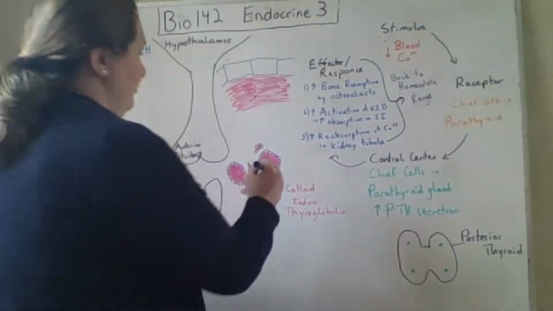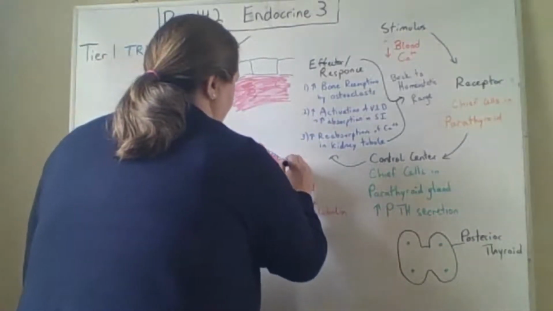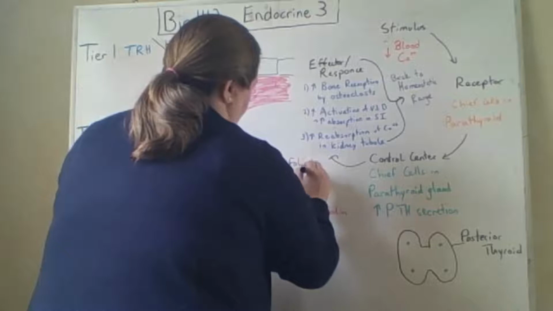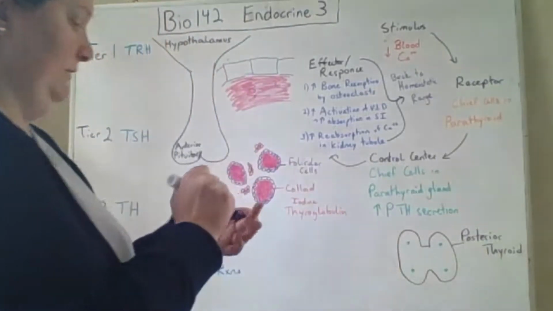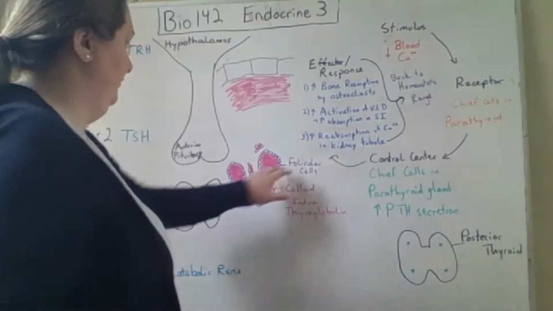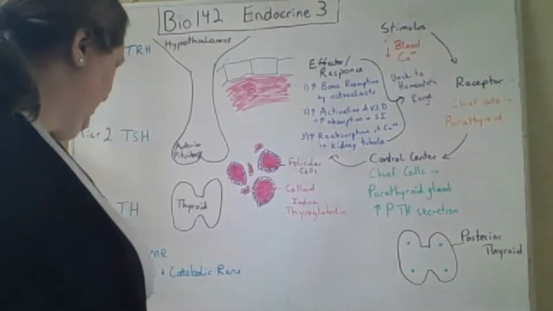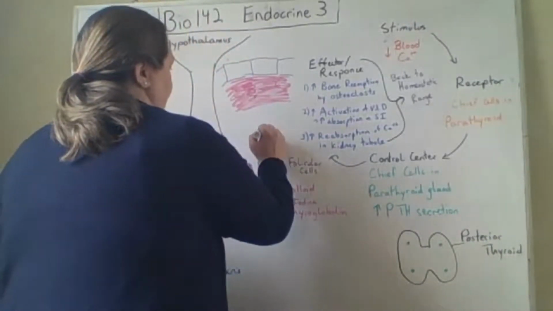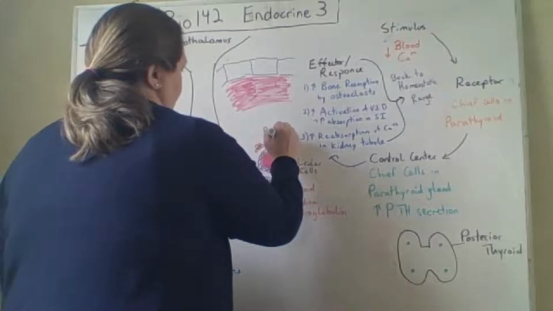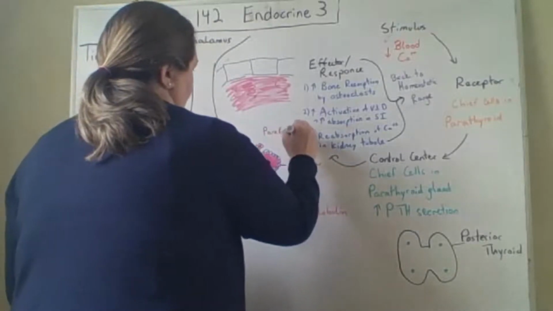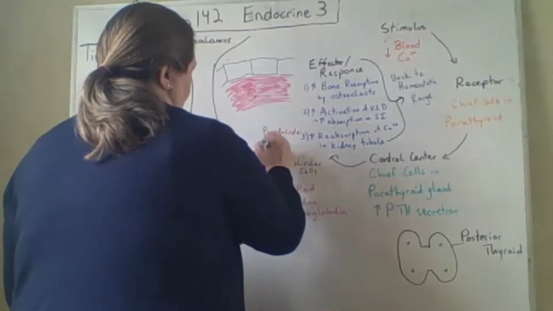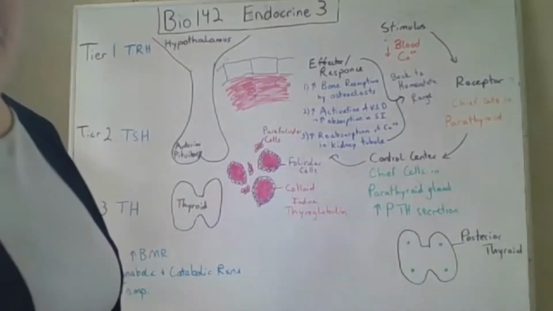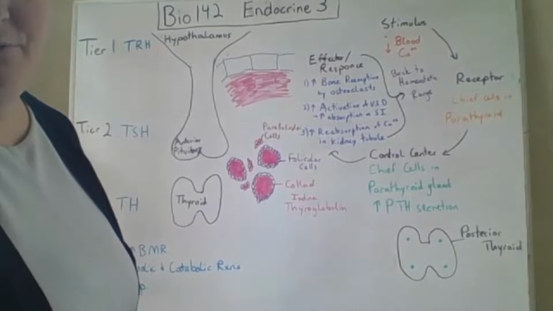All right, so what are these purple cells? These are follicle cells, the follicular cells. And then what are these other cells over here? Parafollicular cells, and they're going to have a different function that we'll talk about.